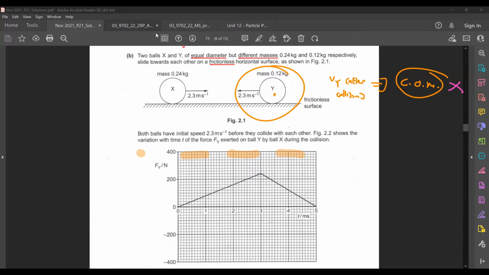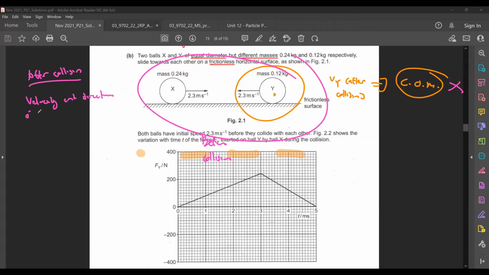The only information you have is before collision. After collision, velocity and direction of x is unknown. Velocity and direction of y is also unknown.